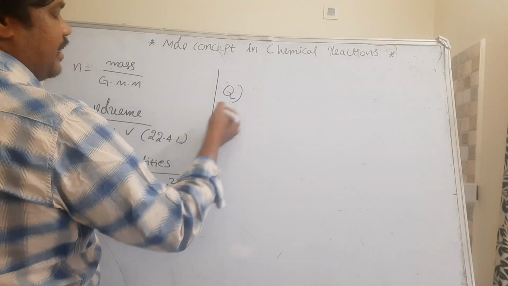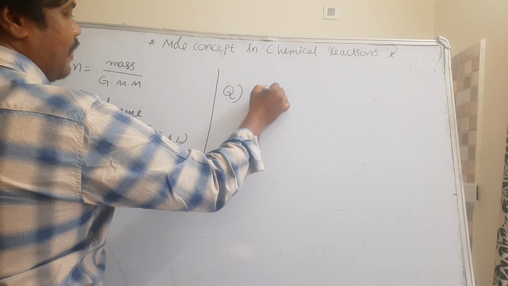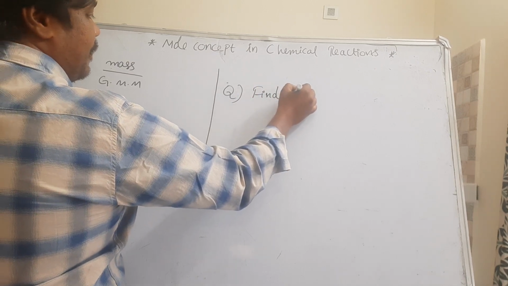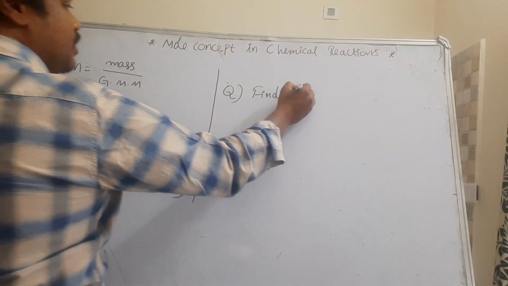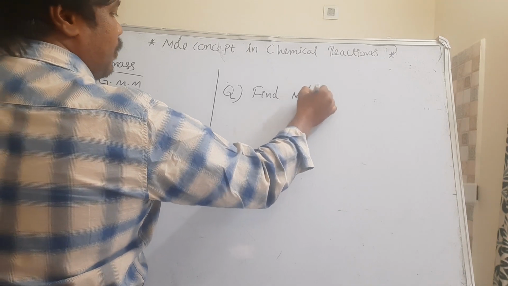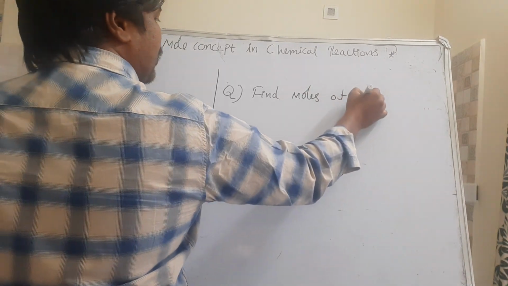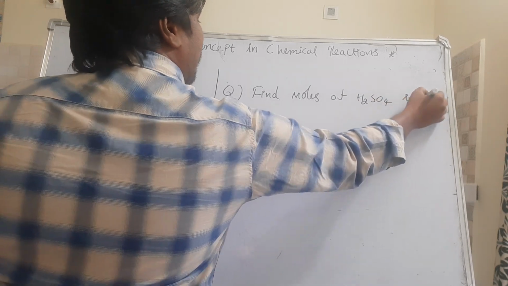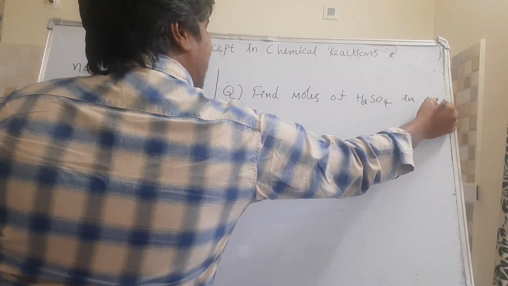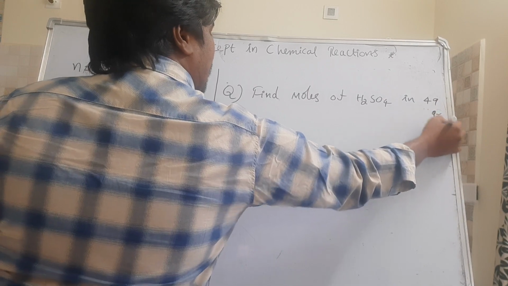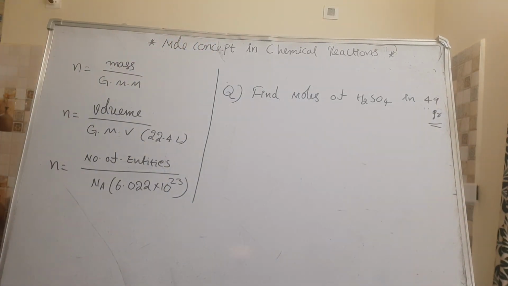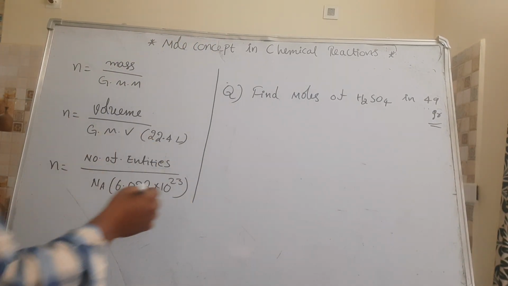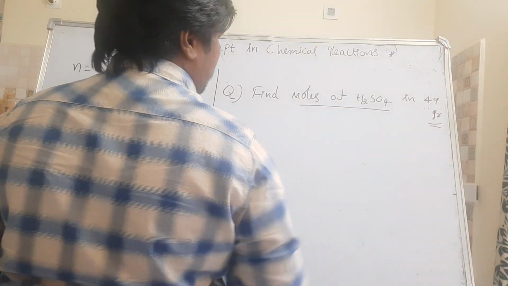Suppose they are asking like this: find moles of H2SO4 in 49 grams. That means they are giving the mass of H2SO4, and they are asking moles of H2SO4.